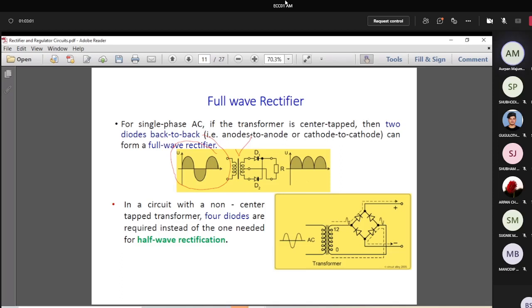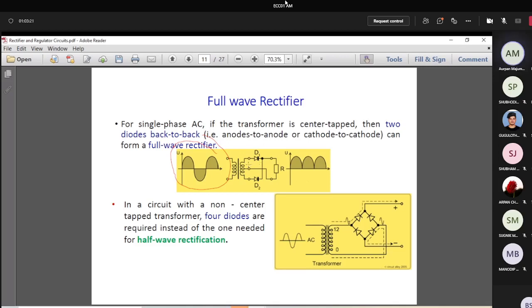Now here, the factor is this, that whatever information that we are having, it's being implemented according to the diagram in 2 different forms. One form is a center tap form, and in the other form, there is no center tap. I repeat my statement.